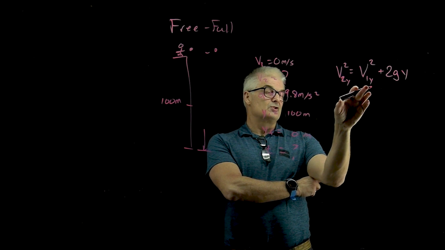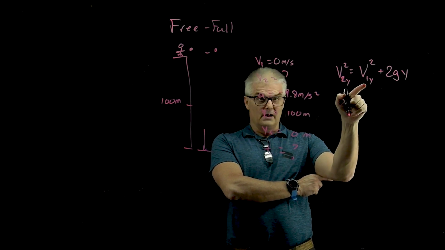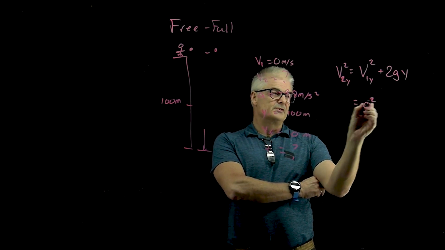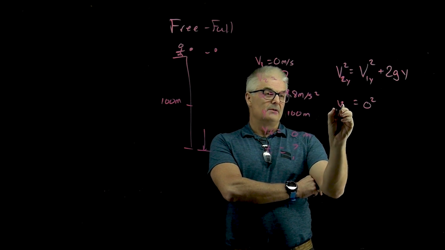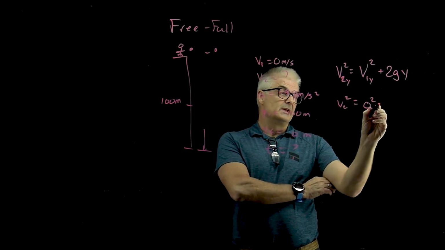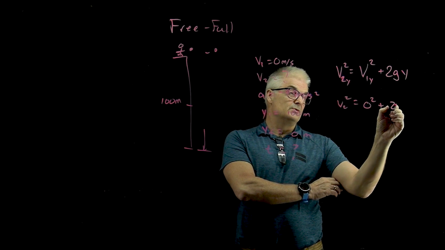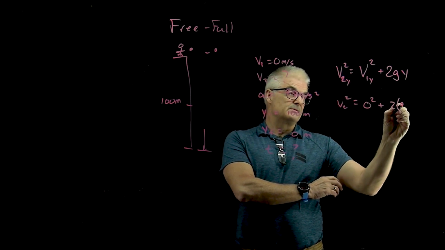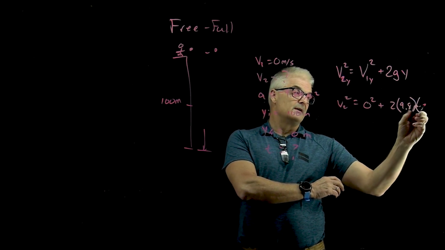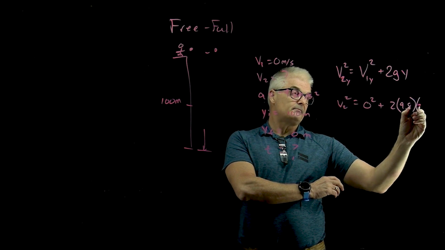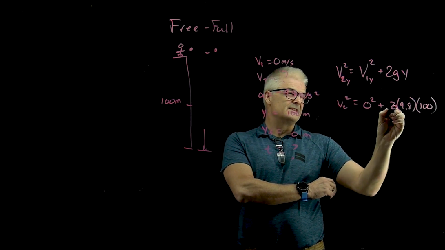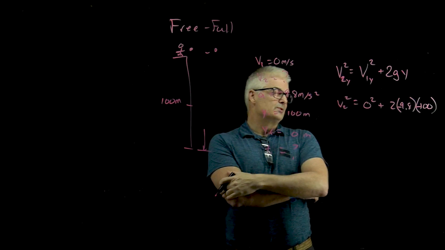But I know my initial velocity, V1, is 0 squared. V2 squared, that's what we're solving, is 0 plus 2 times G times 9.8 times 100. It's actually negative 9.8, and he's losing 100 meters.